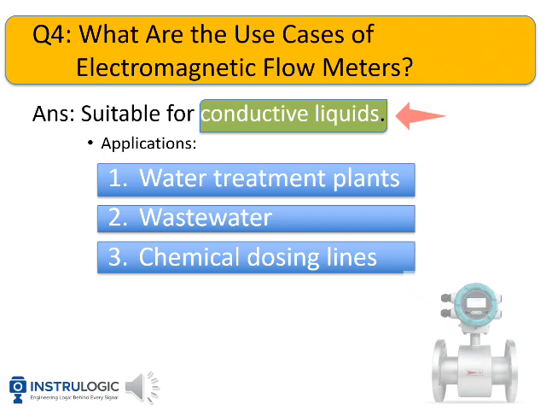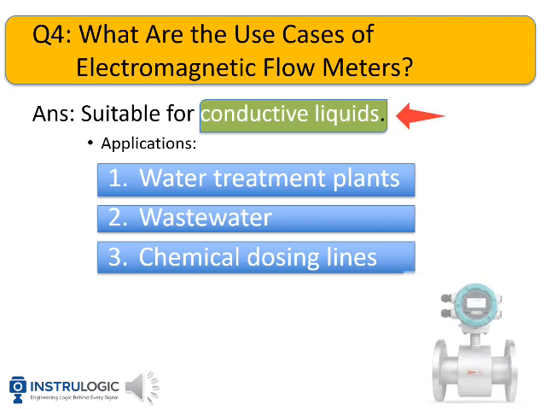Question 4. What are the use cases of electromagnetic flow meters? These meters are suitable for conductive liquids. That means the liquid must allow electricity to pass through it. Where do we use them? Water treatment plants, for measuring clean water flow.